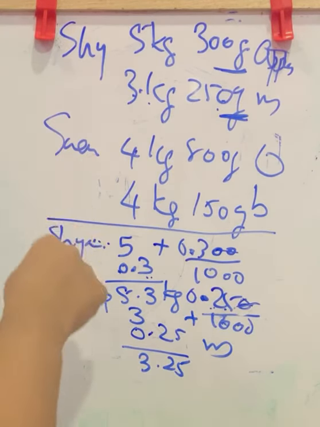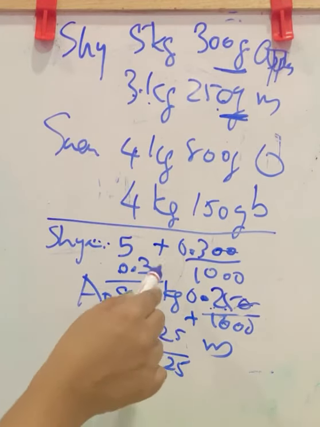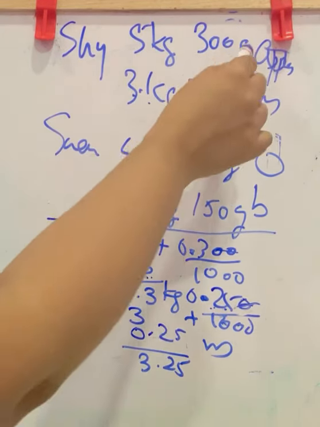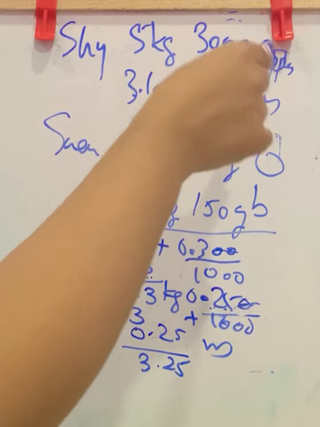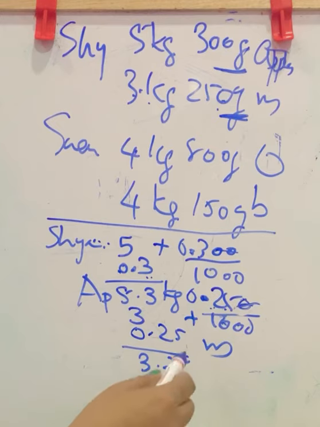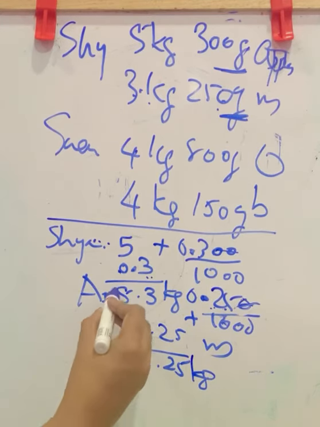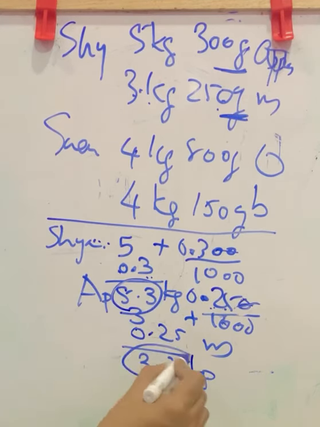So Shyama bought 5 kilogram 300 gram apples, which means 5.3 kilogram apples. Don't write the grams here. Now 3 kilogram 250 gram mangoes means 3.25 kilogram mangoes. This is in kilograms. So in total, this is her apples and this is mangoes.